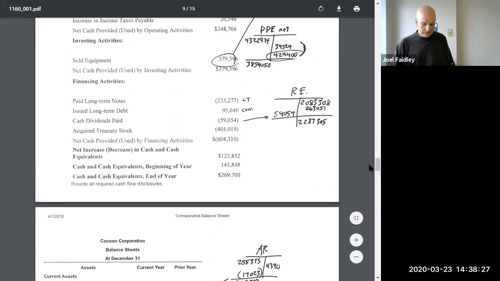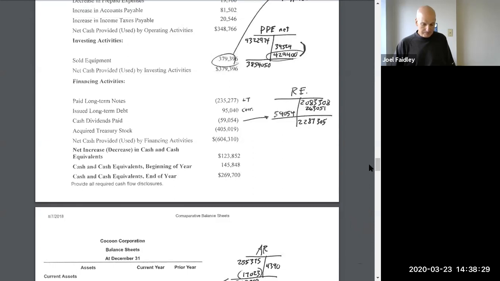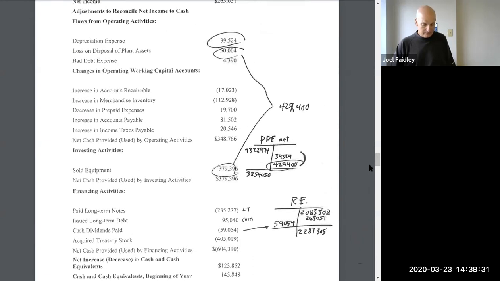There's my 39,524, which is my depreciation expense. So the balance is 429,400 change. Right? 429,400. So this $50,004 loss, that plus my equipment here, that has to equal the change. $429,400.